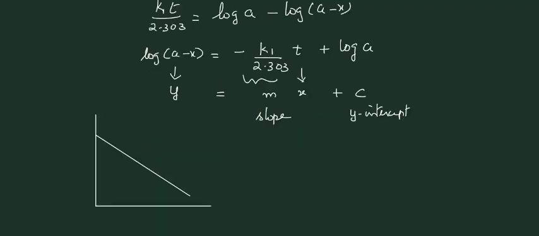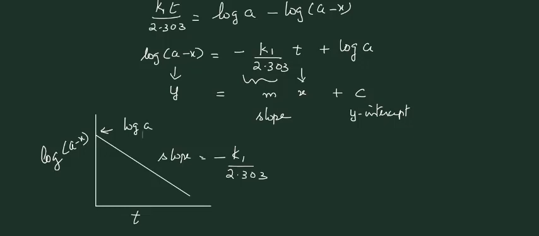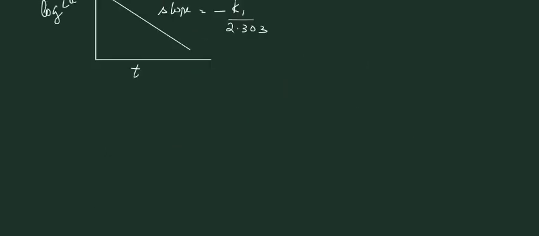Along the y-axis, you have log A minus x, and on the x-axis you have plotted time t. So you will get a line with a negative slope. Slope is equal to minus k1 by 2.303, and this is the y-intercept, log A. Fourth characteristic is regarding T half.